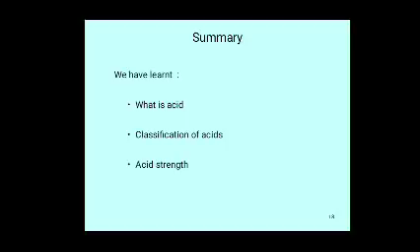Weak acids are acetic acid, CH3COOH, oxalic acid, H2C2O4, carbonic acid, H2CO3, and formic acid, HCOOH. These produce fewer H+ ions in aqueous solution, so they are weak acids. Those that produce more H+ ions are strong acids.